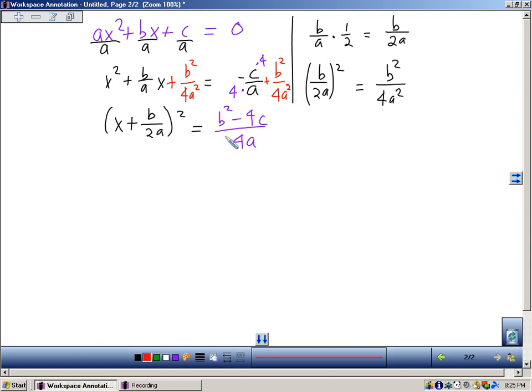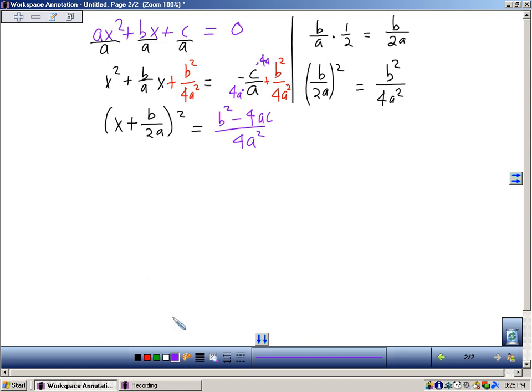So I'd have to multiply by a right here, 4a. This also has to be 4a. So my mistake. So your common denominator is 4a squared. So this is b squared minus 4ac, see it? All over 4a squared. Okay, so that's tricky business there, guys. It's basic math, finding common denominators, but with variables, it seems rather complicated.